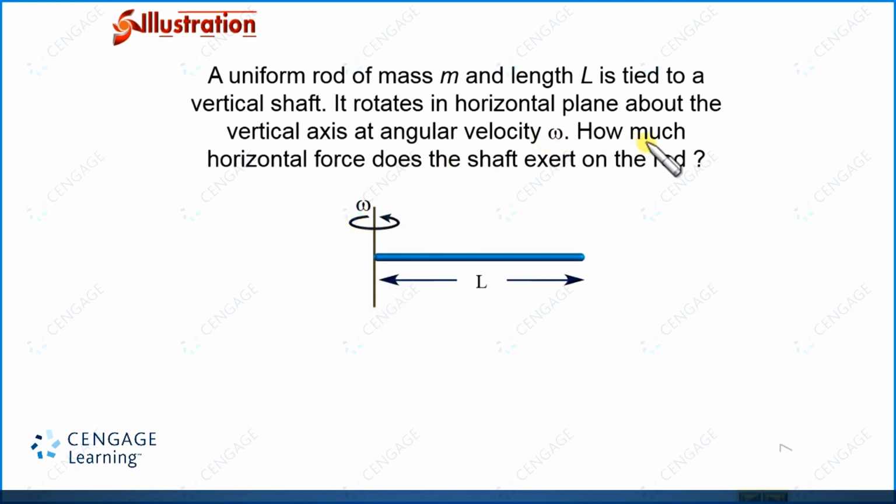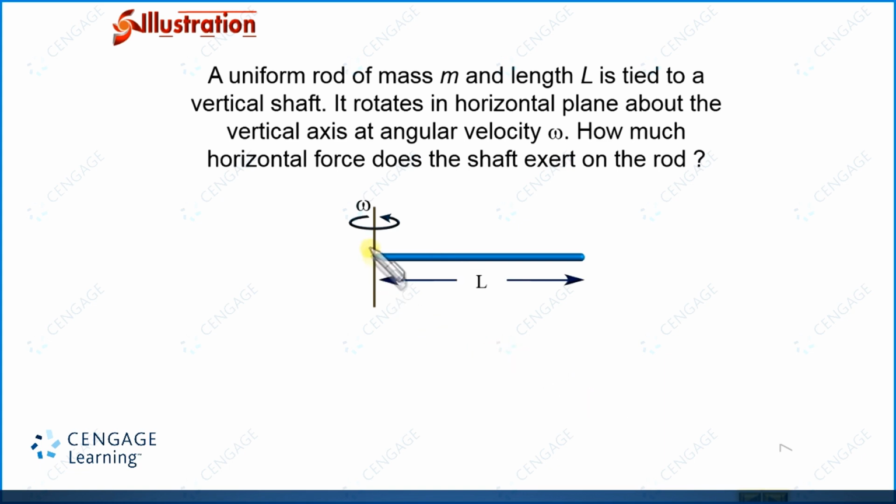How much horizontal force does the shaft exert on the rod? We need to calculate the force exerted by this vertical shaft on the rod. Okay, here we are considering gravity free space. That's why this rod is rotating in the horizontal plane, okay, without inclination.